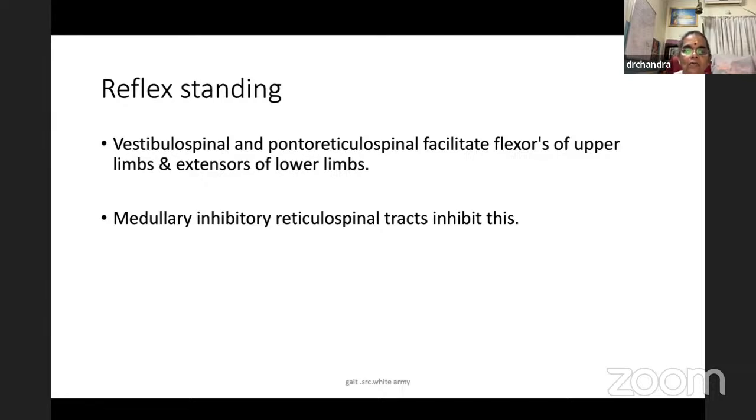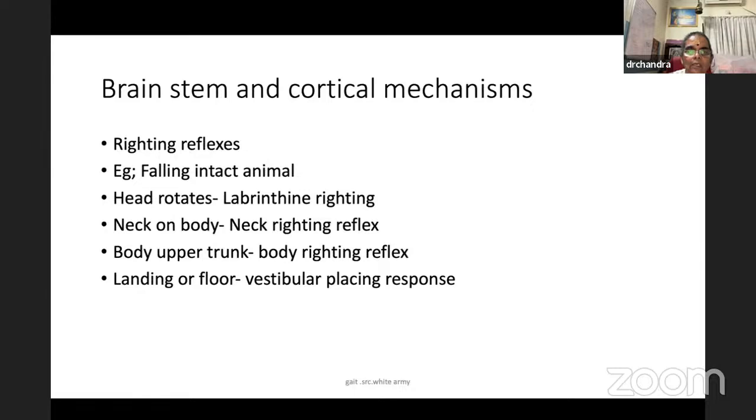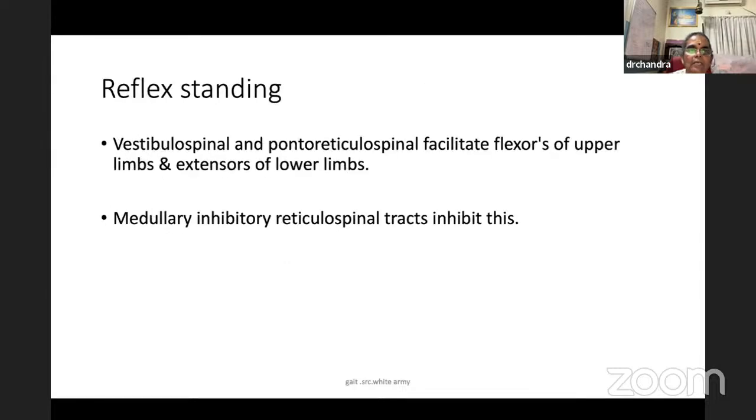As we saw initially, the rubrospinal pathway is needed for this standing position where the upper limb is flexed and lower limb is extended. When there is a section between the midbrain and the lower brainstem, the reflex standing posture cannot be adopted. And as we said, when vestibulospinal is extensor, or decerebrate, as I was saying, no?